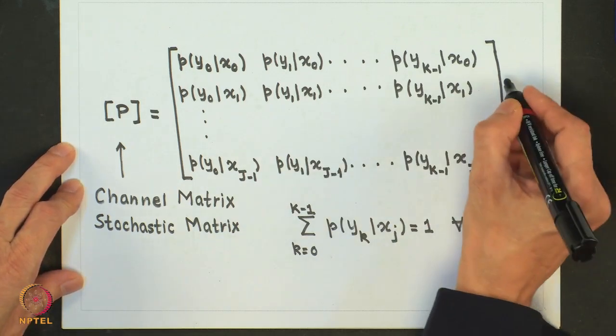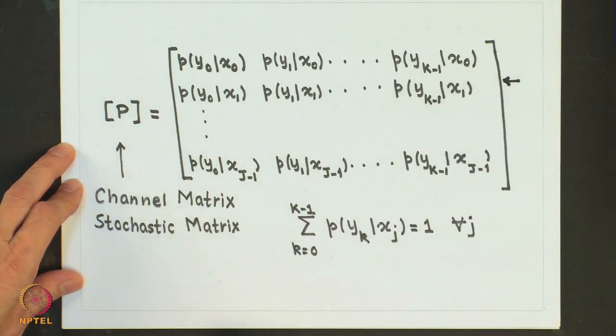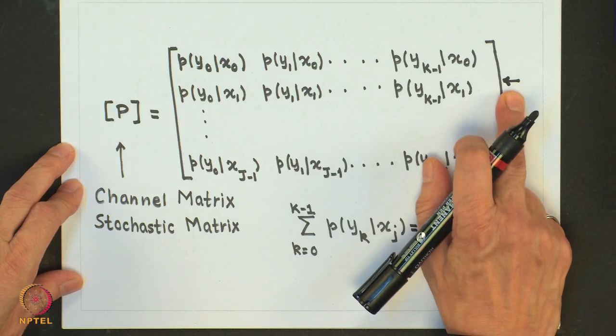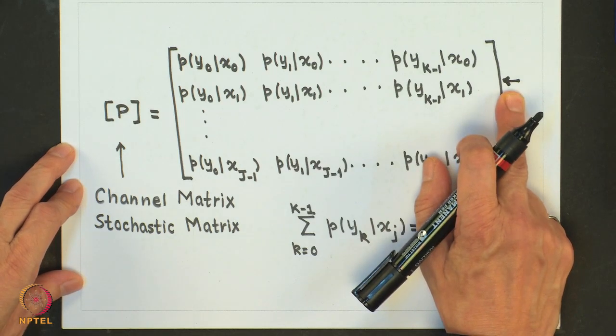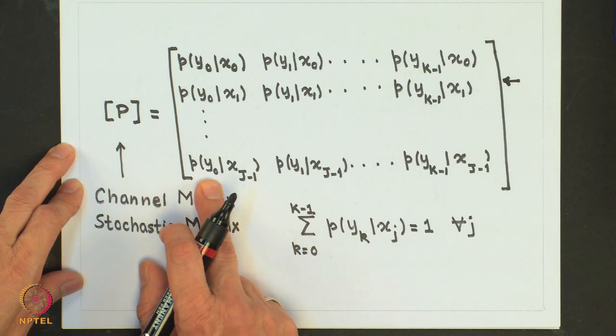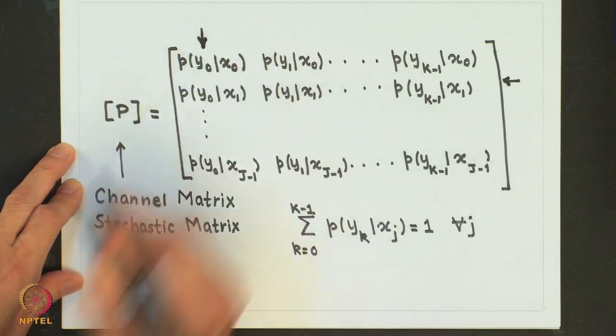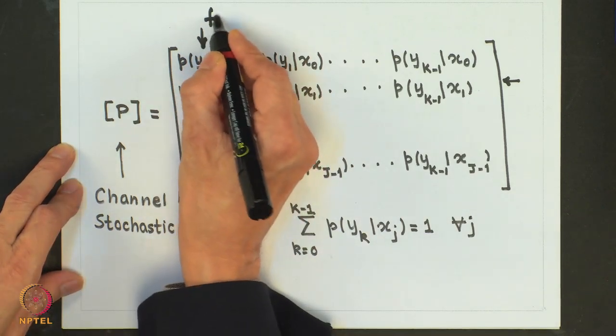If you look at any input row here, then this is a fixed channel input, correct, and if you look at any column, this is a fixed channel output, correct.